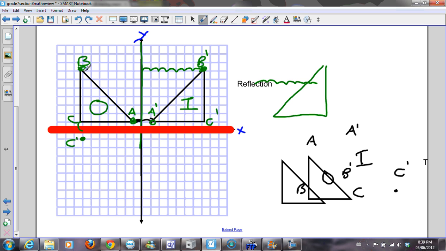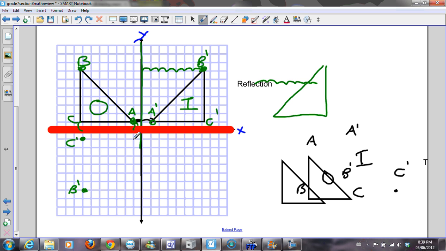I'm going to look at B. B is going to be 1, 2, 3, 4, 5, 6, 7 blocks away from the mirror line, so I'll count 7 blocks away. 1, 2, 3, 4, 5, 6, 7. So here's my B prime. And of course, A again is only 1 unit or 1 block away from the mirror line, so I'll go down, which is opposite.